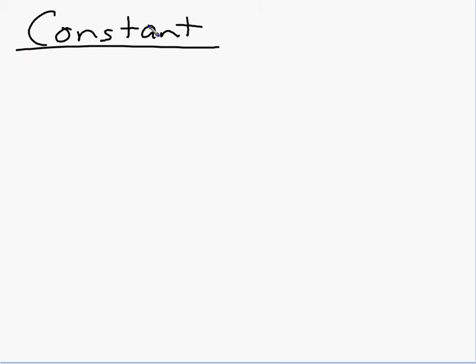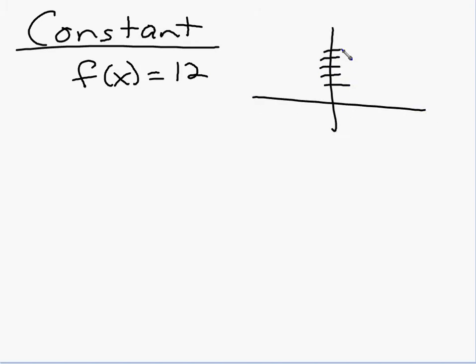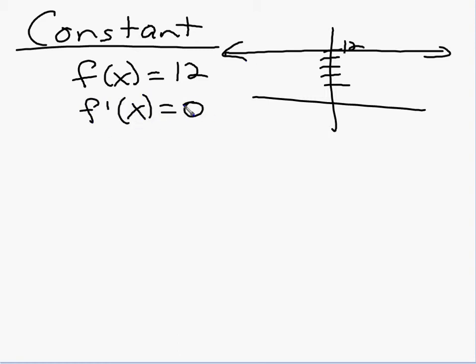What did we learn? If my original function was 12, what is the derivative of that? Up here is 12 someplace. What's the slope of that? Everywhere? 0. We found out that the derivative is 0.